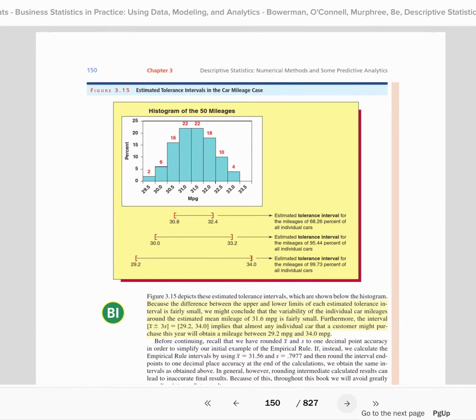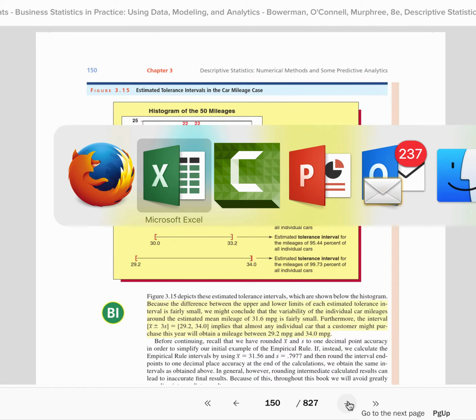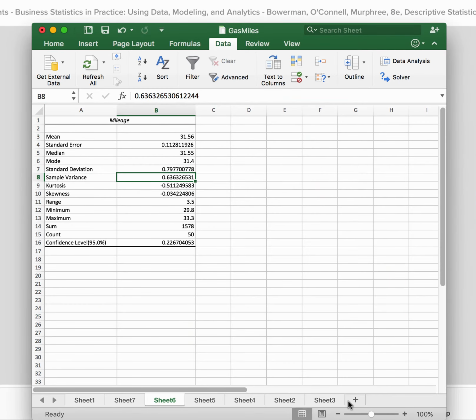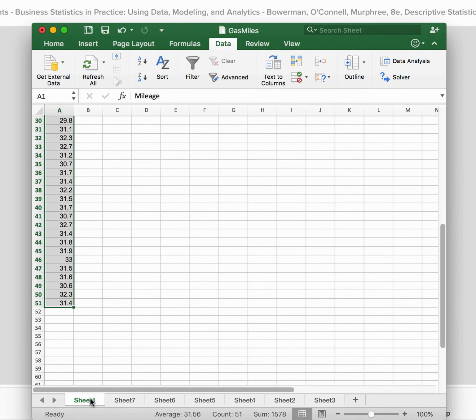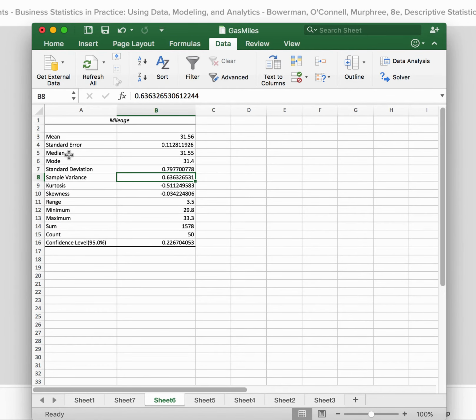This is given with an example, if you remember again the car mileage. So here is our distribution, showing how far from the mean you go left and right with the standard deviation value. The standard deviation is 0.79, and the mean you start with is 31.56.